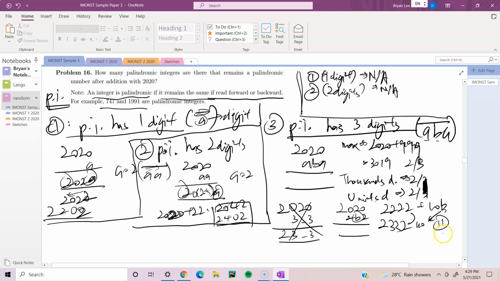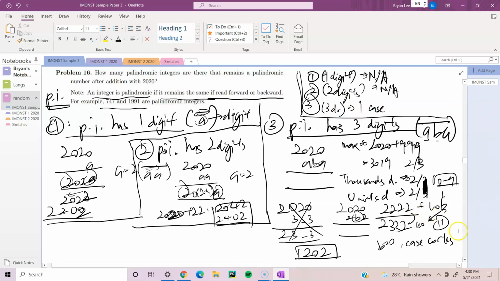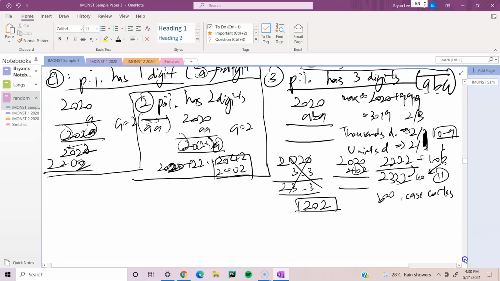But b cannot be 11 since b is a number from 0 to 9. So the case for 2 will only work if b equals 0. So there is indeed one case if the palindromic integer is a 3-digit. For the third case, 3 digits, one case. Now let's move on to case 4.